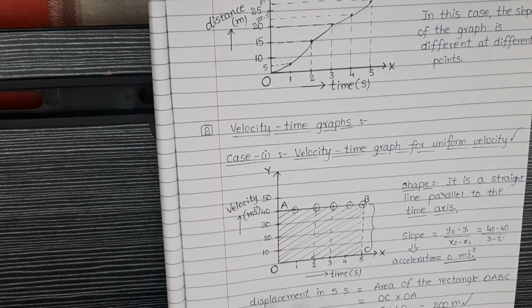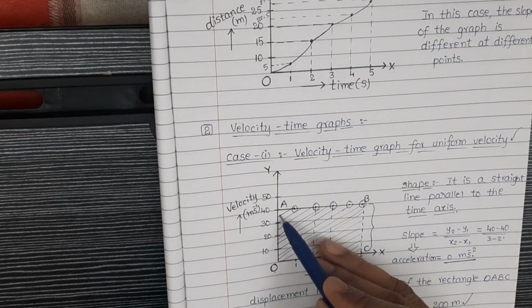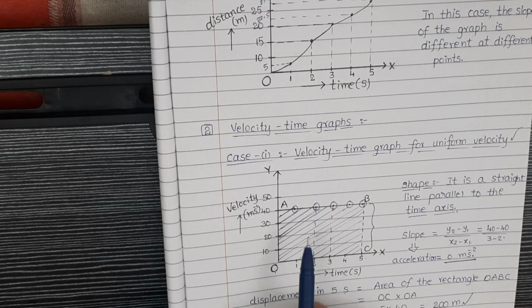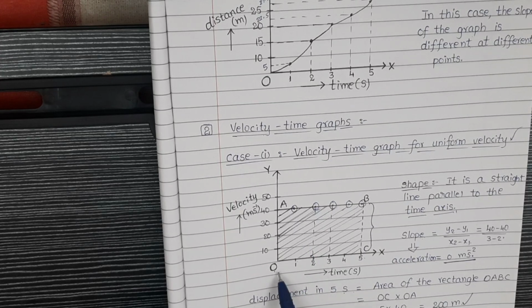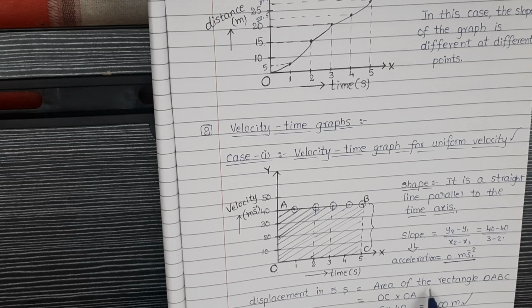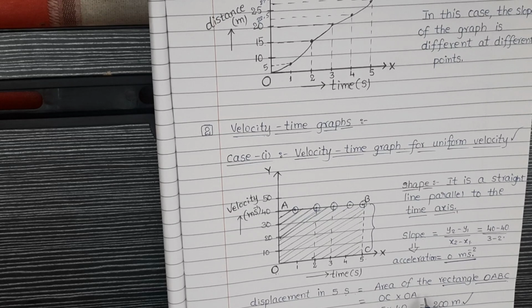If we find the displacement in 5 seconds, displacement is nothing but the area, here you can all see the shaded area. So the shaded area under the rectangle shape, that is OABC. So area of the rectangle OABC. We all know the area of rectangle formula, length into breadth.